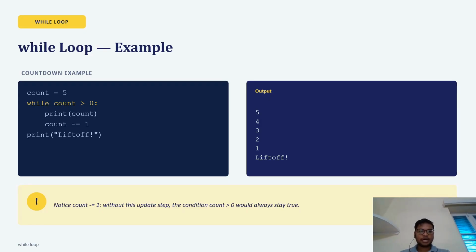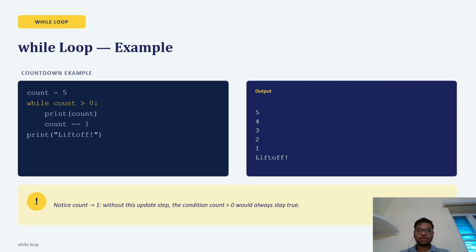Just see here, the initialization is count equal to 5. After that, while count is greater than 0, print count. Initialization done, condition done, and the most important thing is the updation: count decreases here.